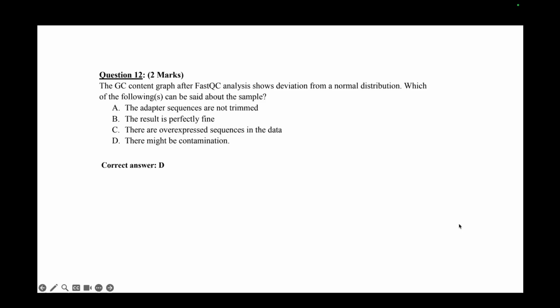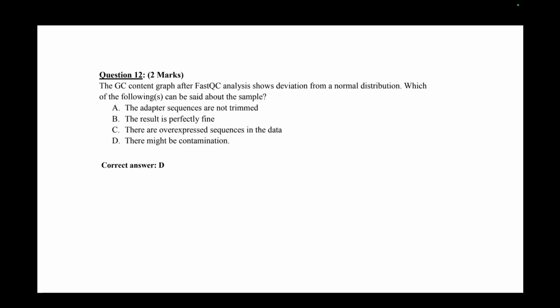Correct answer is D actually. So if there is more GC content, it's nothing to do with trimming of the adapter, because at no point is there a thing to say that the adapters will have more GC. So trimming the adapter won't help you lower down the GC content. It's not the source of the GC deviation. There might be overrepresentation.